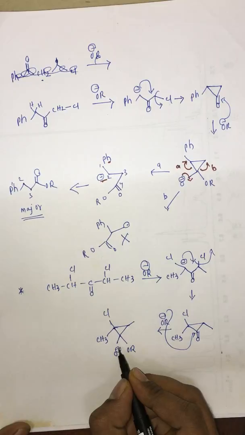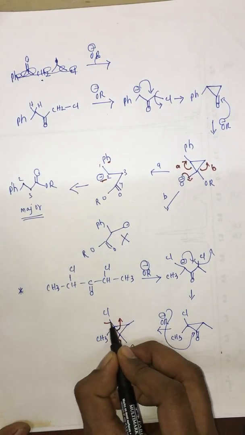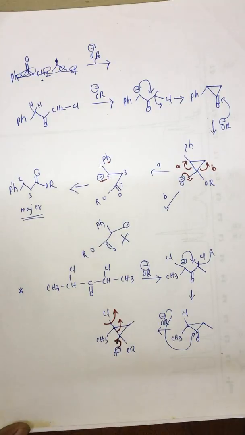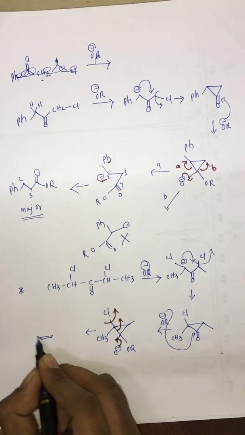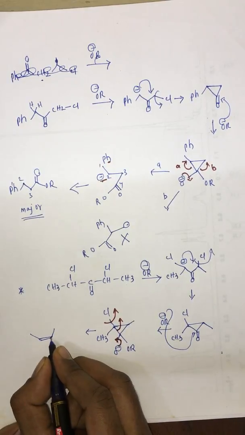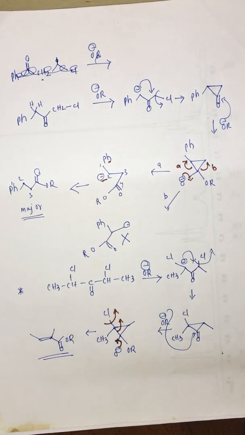Now this bond goes like this and this bond goes here. Chlorine is a leaving group here, so finally we will get a double bond here, CH3. So this product we will get.